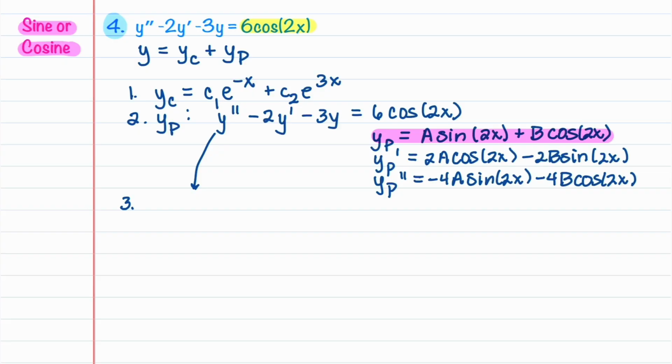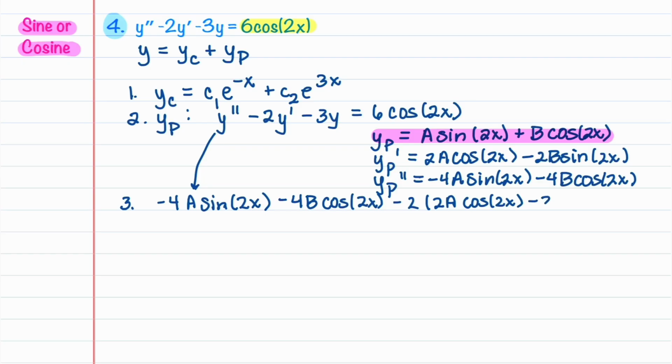Y double prime is minus 4a sine 2x minus 4b cosine 2x, minus 2 times y prime, which is 2a cosine 2x minus 2b sine 2x.